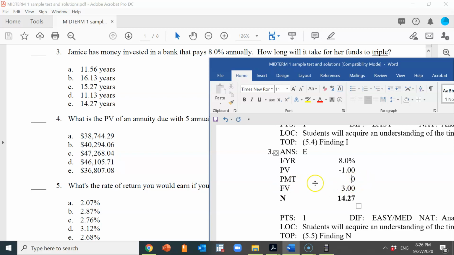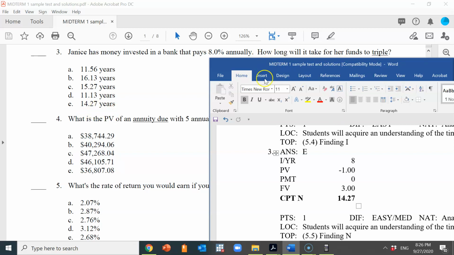Payment is 0. I is 8, because the annual interest rate is 8%. Compute for N, I get 14.27. So it takes option E, 14.27 years for the money to triple.